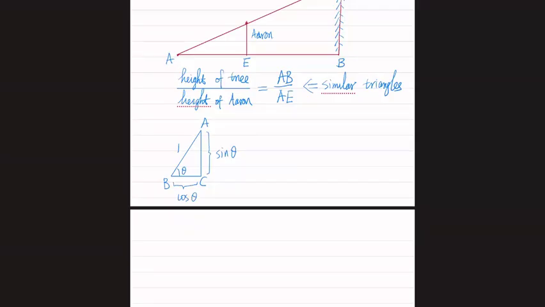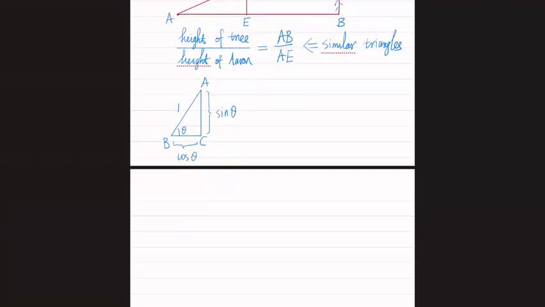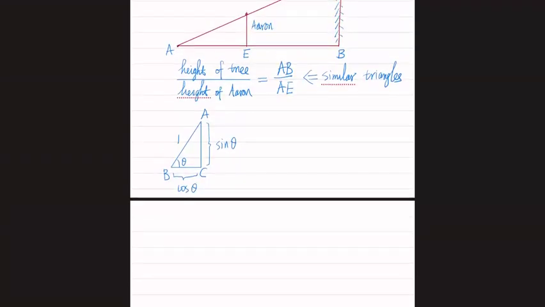Okay. And we have checked two examples. Cosine theta, sine theta. If this is 45 degrees, in the very beginning we showed these two sides will have the same length, both equal to square root 2 over 2.